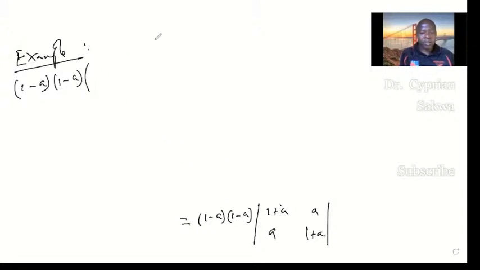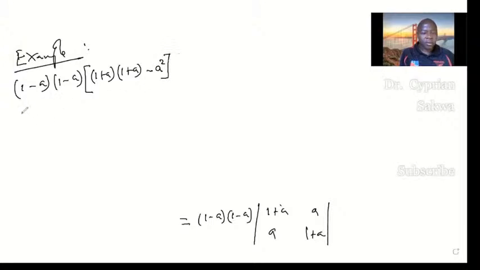1. Let me just change the shape of this bracket so that I do not confuse myself with 1 plus r, 1 plus r, minus r square.